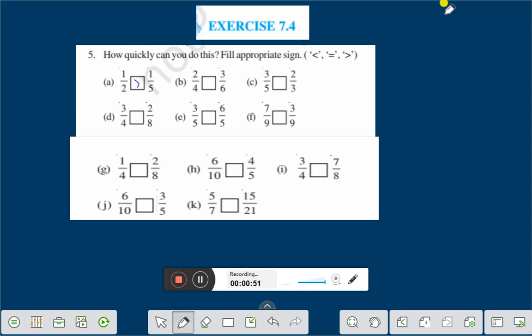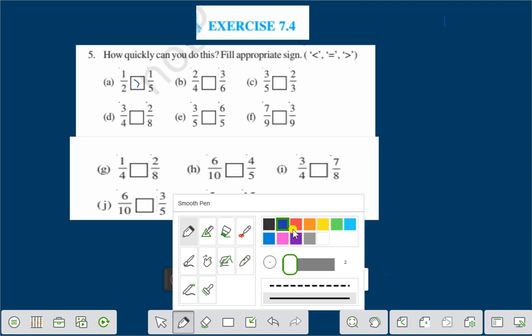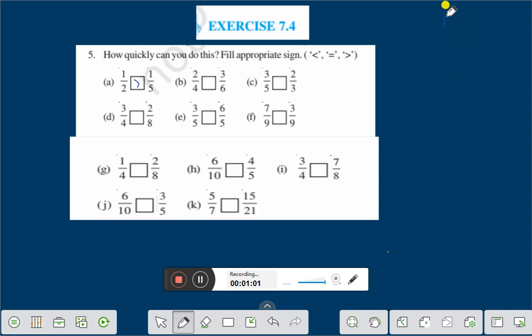The figure is like this, 1 by 2. Two equal parts, this is 1 by 2, the shaded portion.